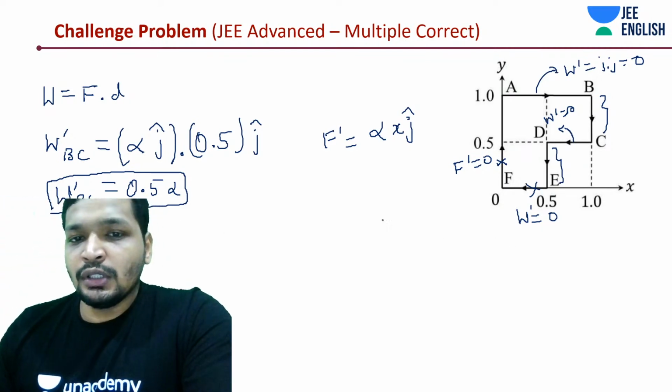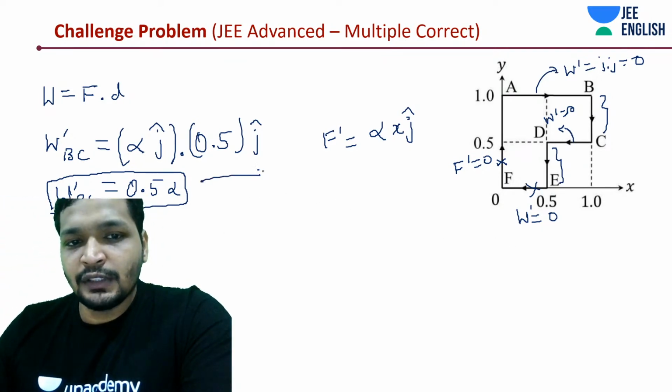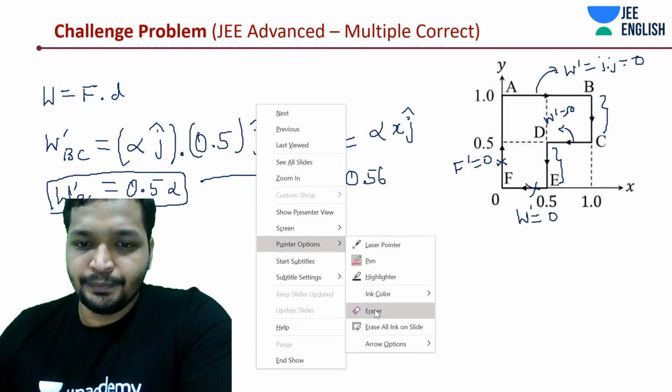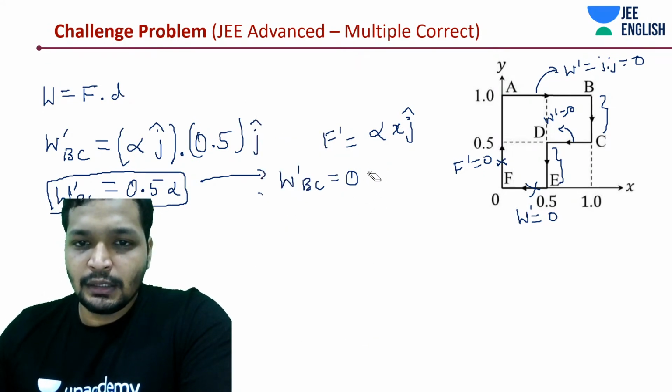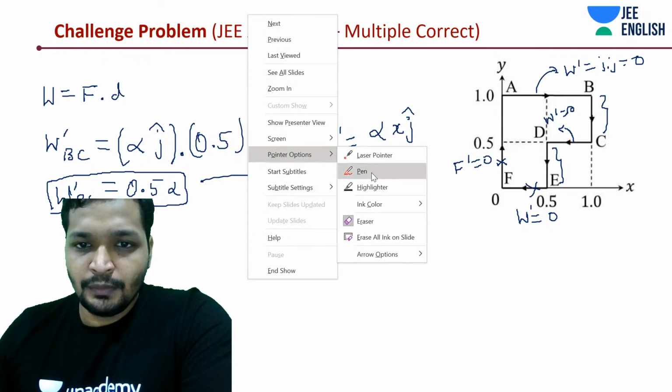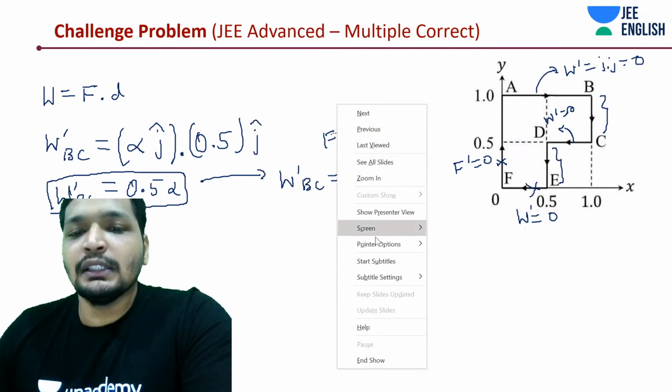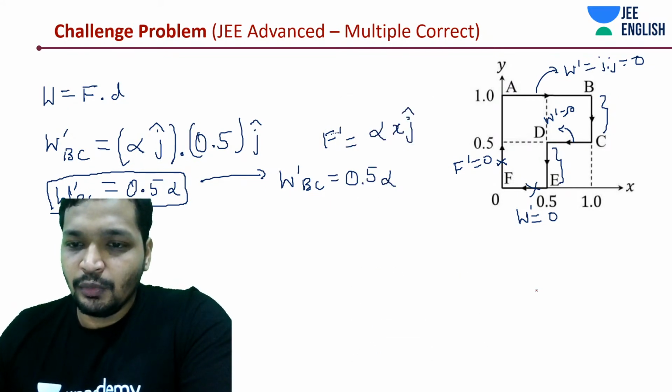I think this is visible. Let me write it down. 0.5 alpha, and this is the only force doing the work.